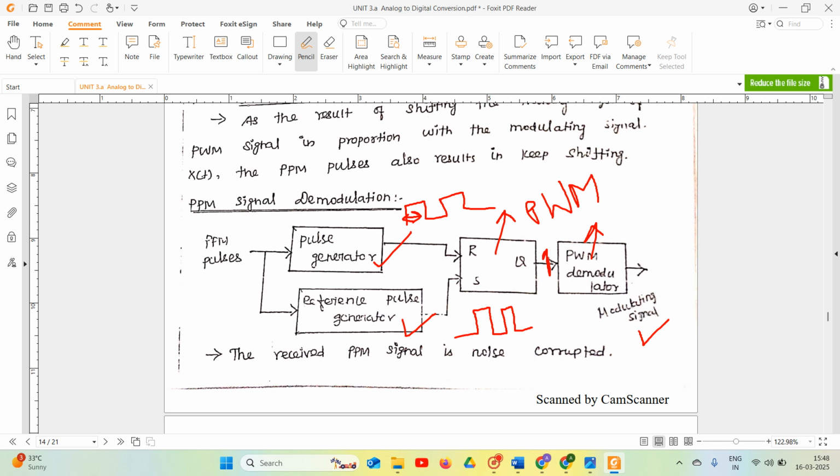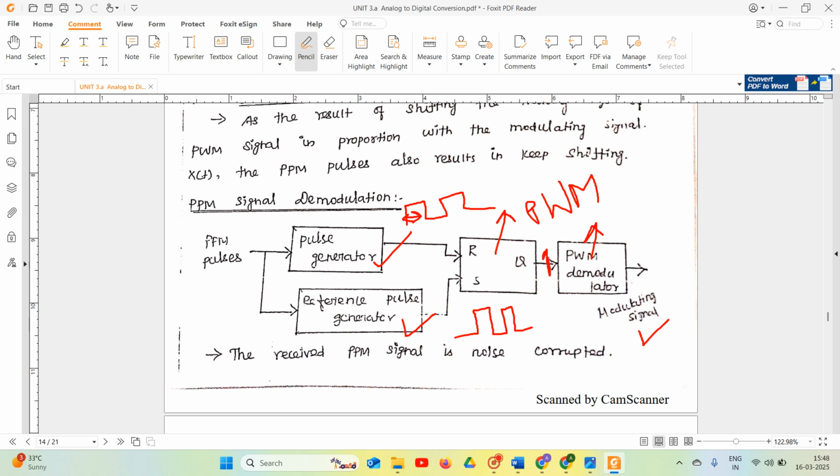We have many advantages in pulse based modulation techniques when compared to continuous, and also analog based modulation techniques. We have more advantages except the bandwidth, right?